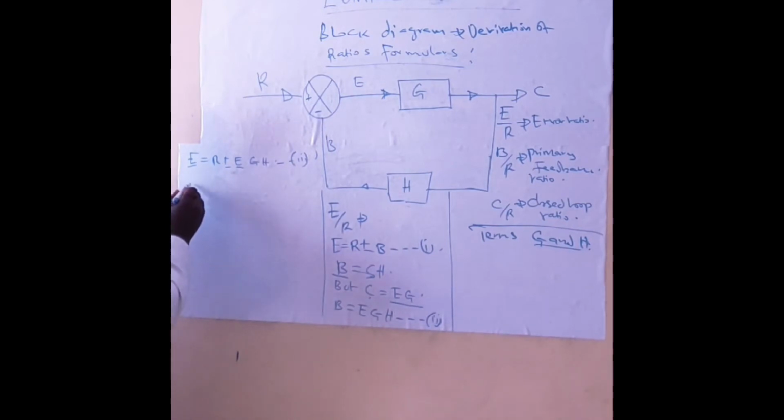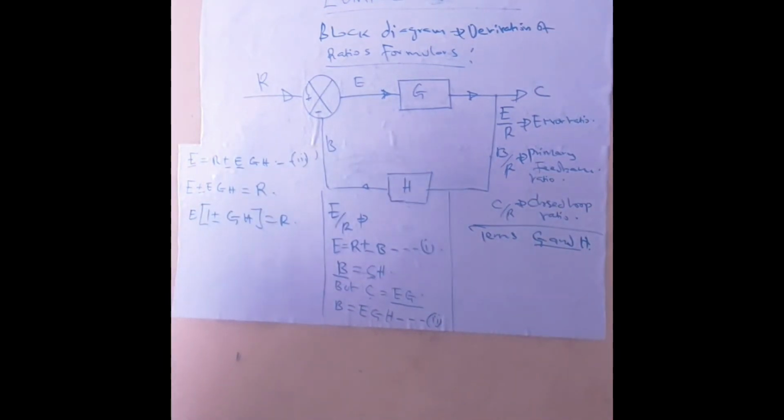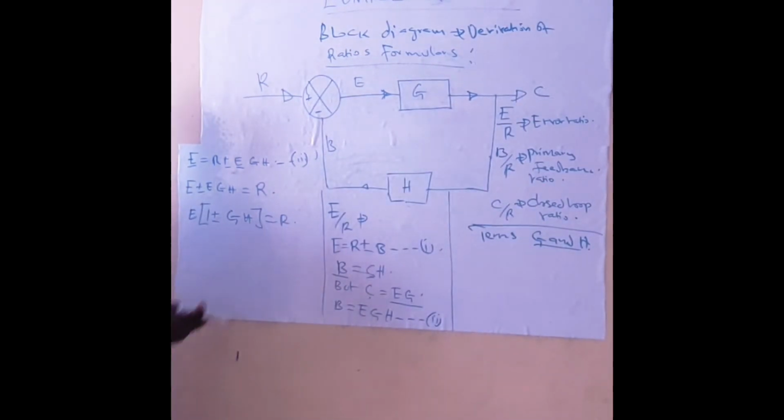We take this term to the other side, so we say E plus or minus EGH is equal to R. Because E is common, we factorize it, and we get E times 1 plus or minus GH equals R. The last thing to do is division: we divide both sides by R, and then we divide both sides by 1 plus or minus GH.